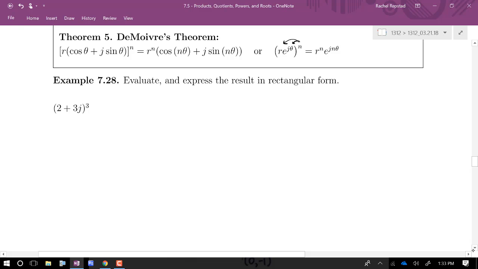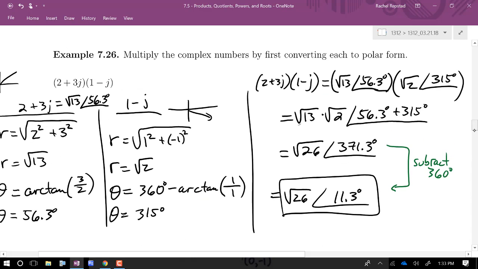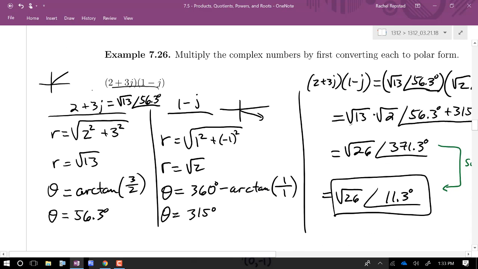It says evaluate and express the result in rectangular form. Well, it'll probably be a little easier if we write it in polar form to begin with, especially since we already found the polar form in the previous problem.